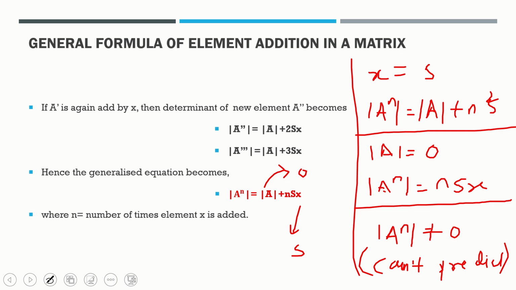It's not possible, because n is not known to us, and maybe for any one value of n its determinant becomes 0, but not in every case is it necessary to be 0.